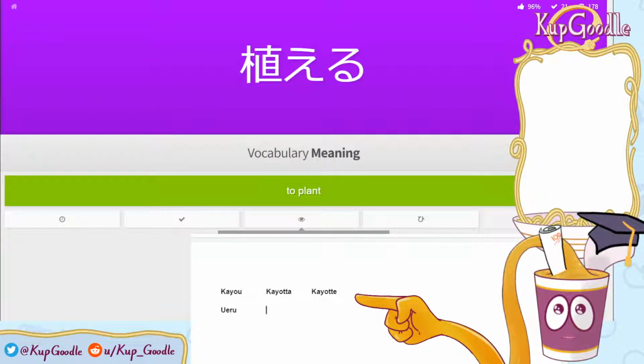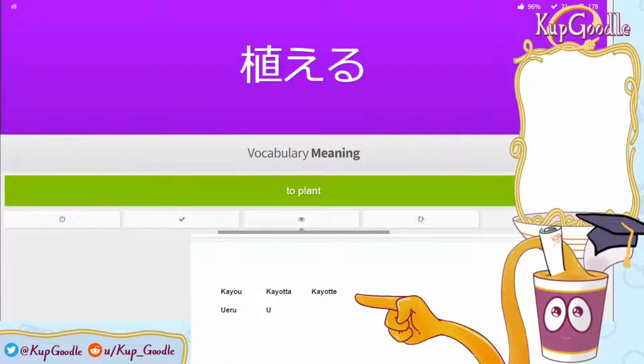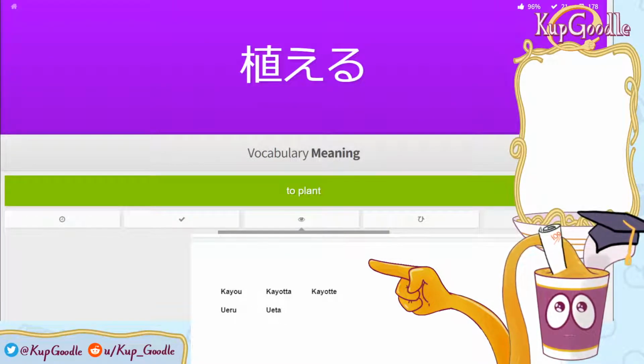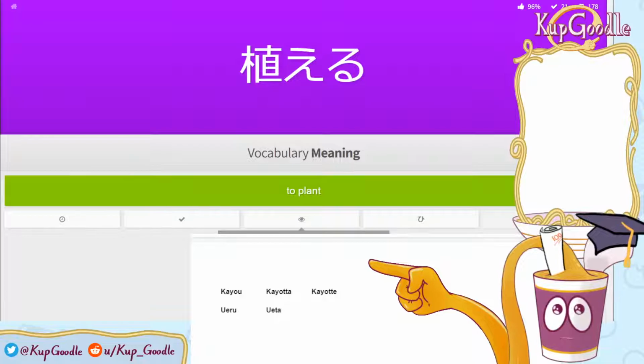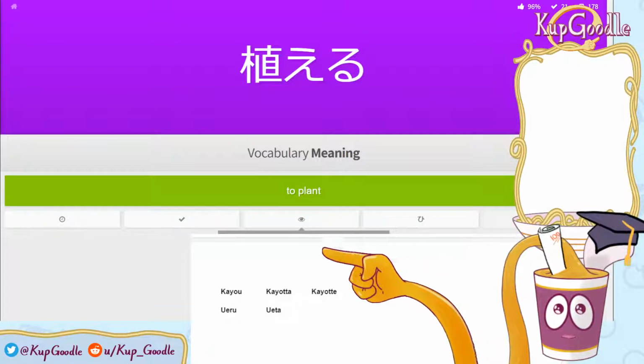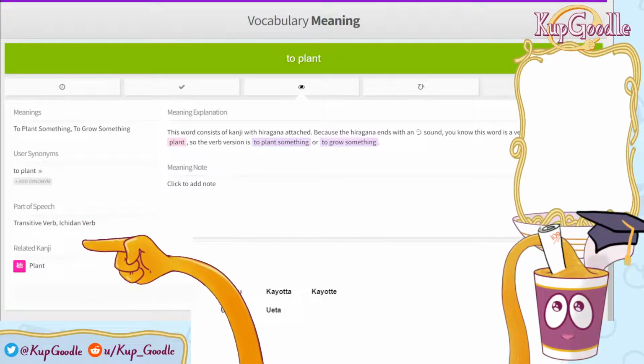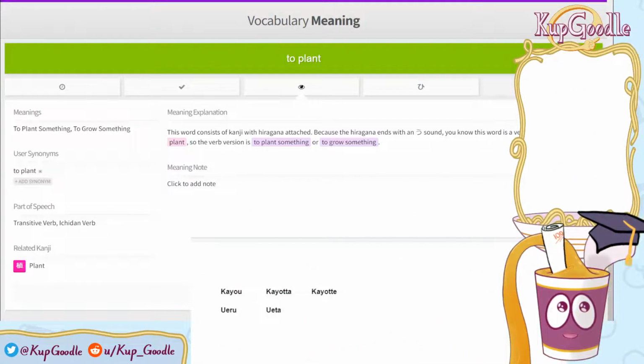Ueru. Past tense. Ueta. I think it's just an ichidan verb. Otherwise it would be ueta with a double consonant. So is it godan or ichidan? It is ichidan, so it's just ueta, not the other one.